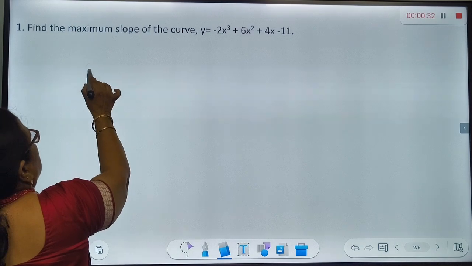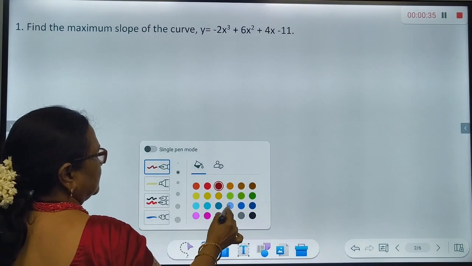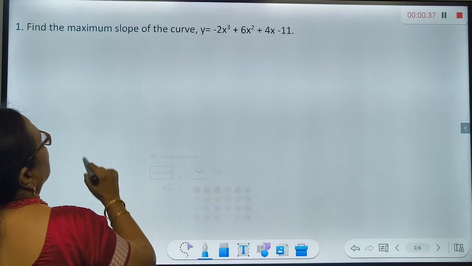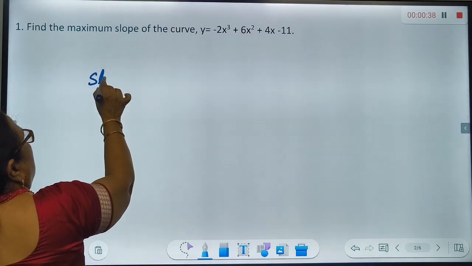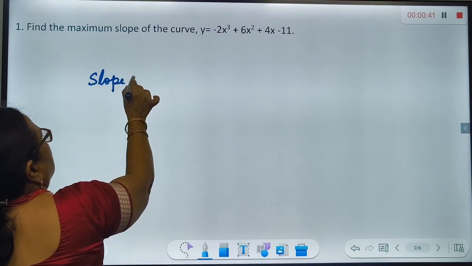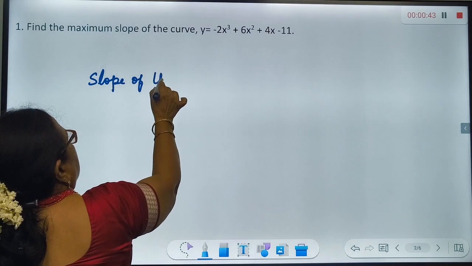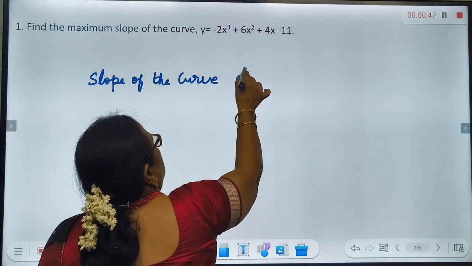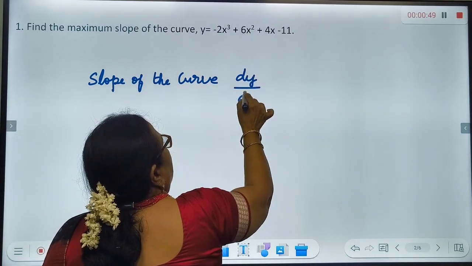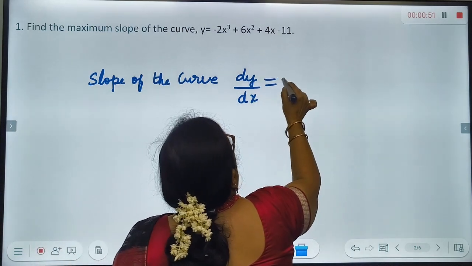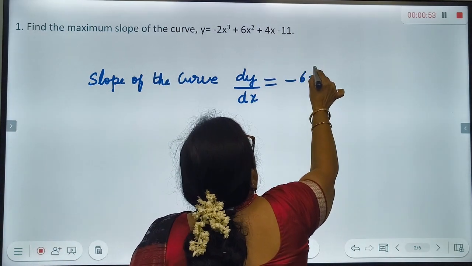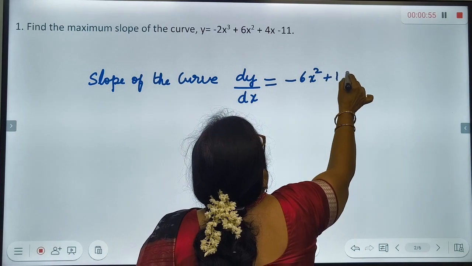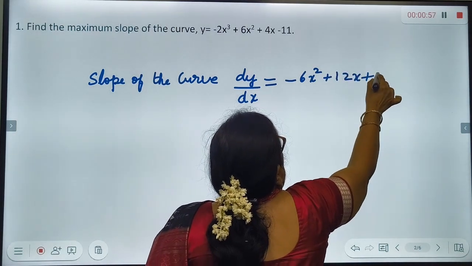Slope of the curve is given by dy by dx, which is equal to minus 6x square plus 12x plus 4.